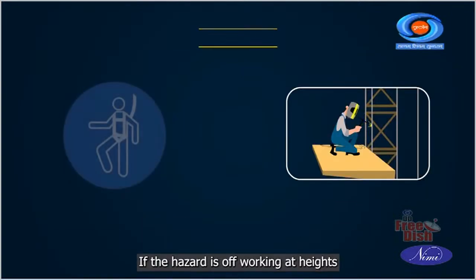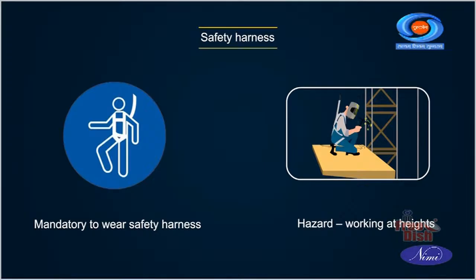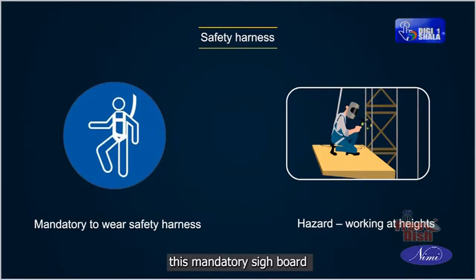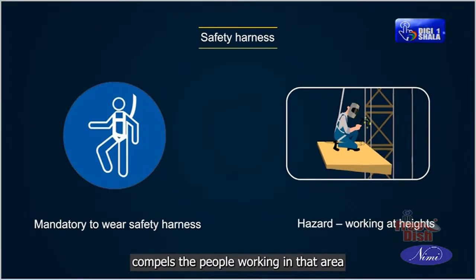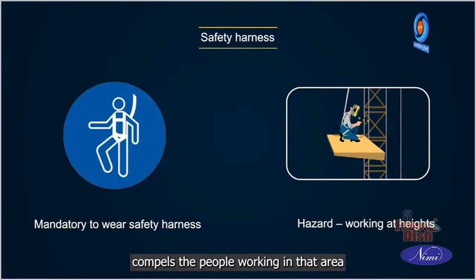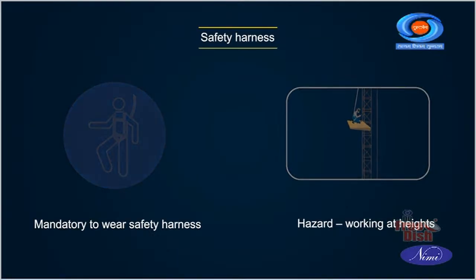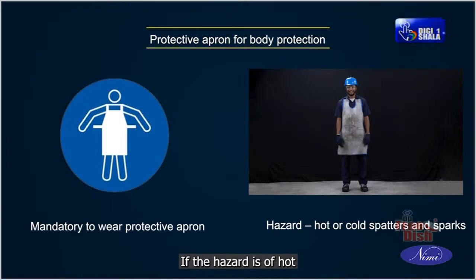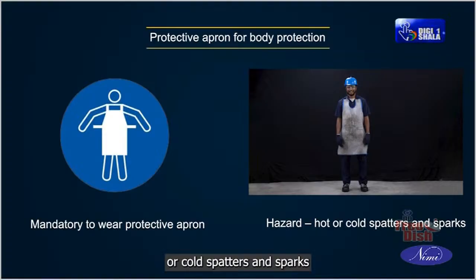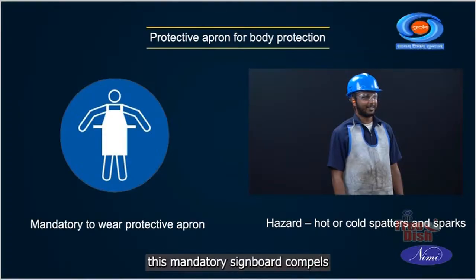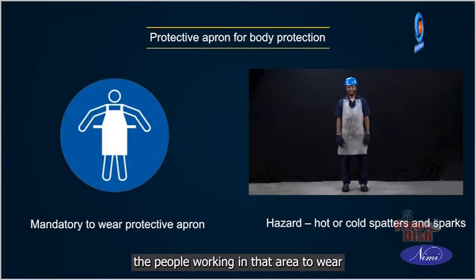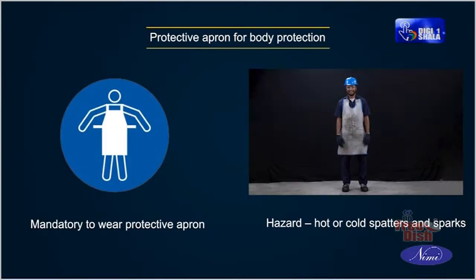If the hazard is of working at heights, this mandatory signboard compels the people working in that area to wear safety harness. If the hazard is of hot or cold spatters and sparks, this mandatory signboard compels the people working in that area to wear protective apron.